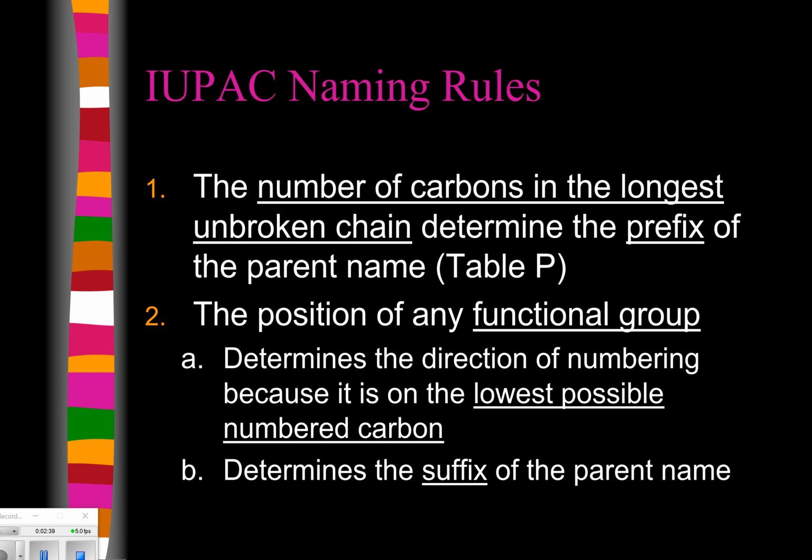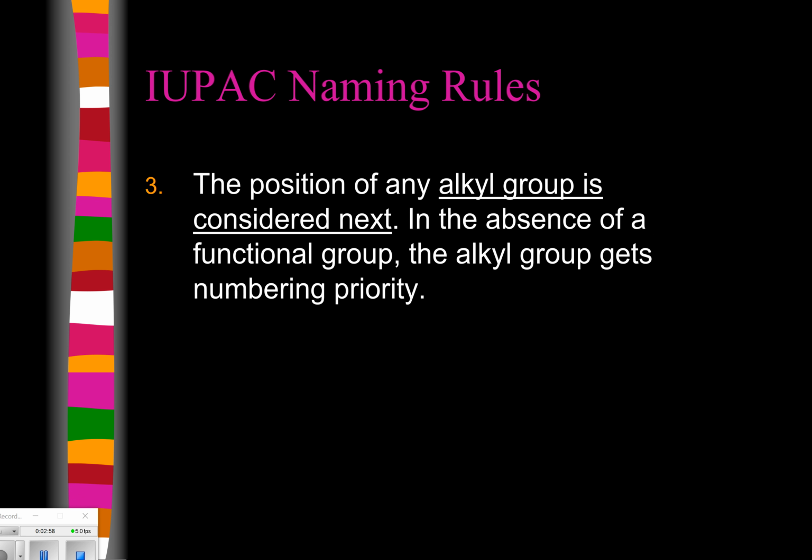Then next we want to look at the position of any functional group. This is what we're going to learn about today. This determines the direction of numbering because we always want to put that functional group on the lowest possible numbered carbon. And this functional group will determine the suffix of the parent name. Next, the position of any alkyl group will be considered.